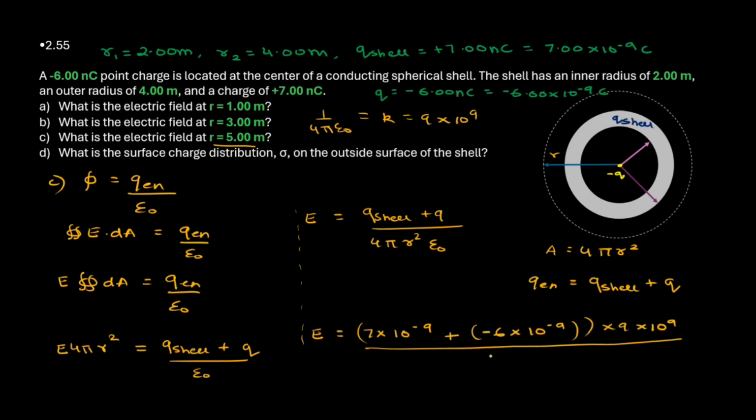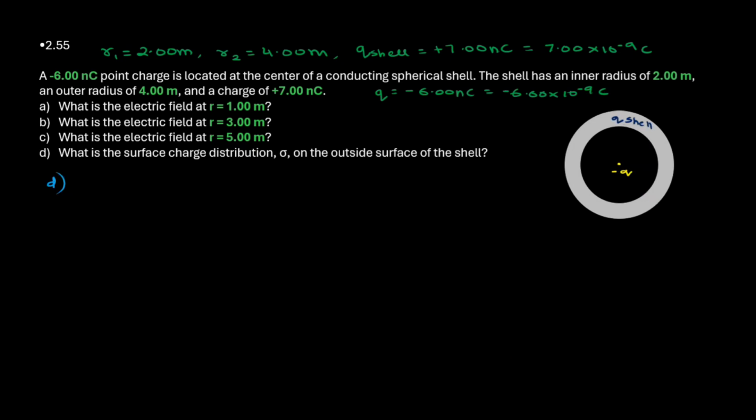So R here is 5 squared. And when you solve this, you get electric field at a distance of 5 meter from the center to be equal to 0.3597 Newton per coulomb. So this is how you can use Gauss's law to find electric field at any point due to a conducting spherical shell. Now let's discuss part B.